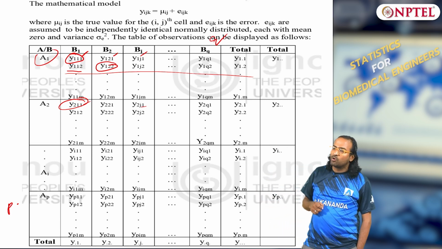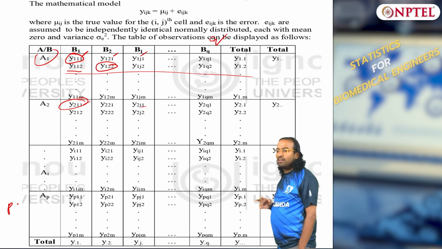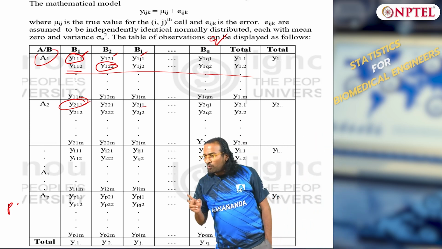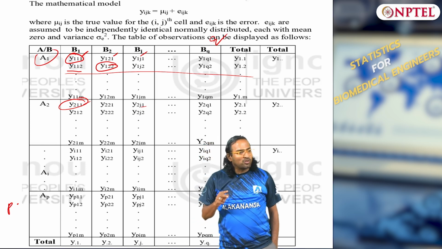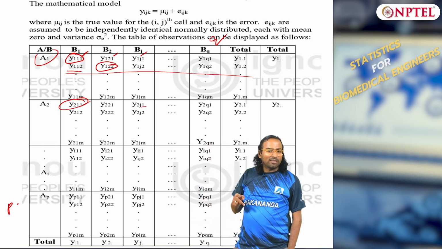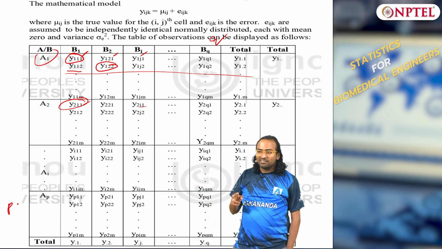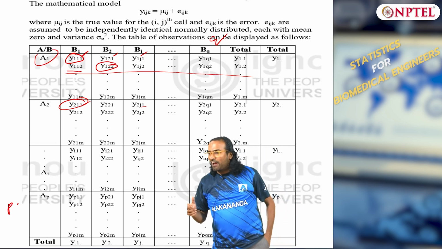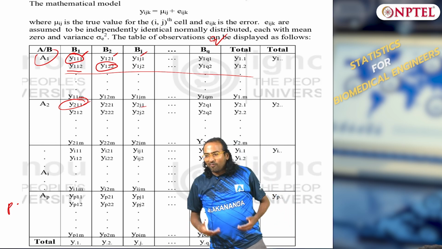Why did I not write mu ijk? I am assuming only two factors influence the output, which are the rows, that is A, and the columns, B. There are only two factors. I am not treating replication as a factor at all.